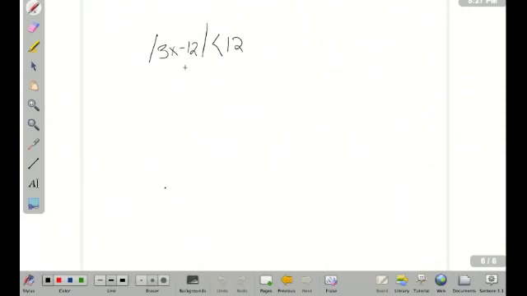So we've got one more equation here. We're going to split it into its positive and negative realm. I'm going to rewrite the equation without the absolute value brackets.